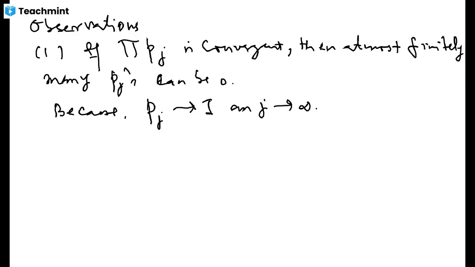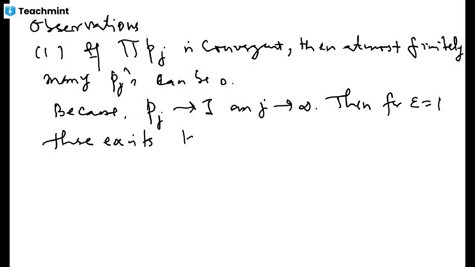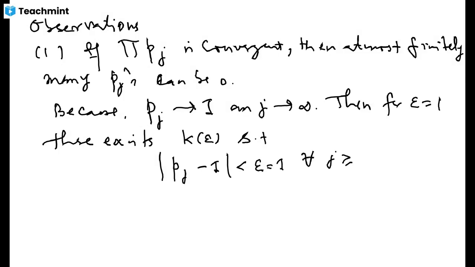So by using the definition of the limit, for epsilon equal to 1, there exists some number k depending upon epsilon such that the mod of Pj minus 1 is less than epsilon, equal to 1, for all j greater than or equal to this k.